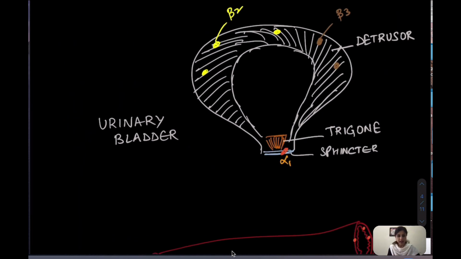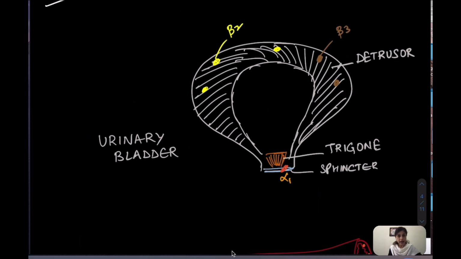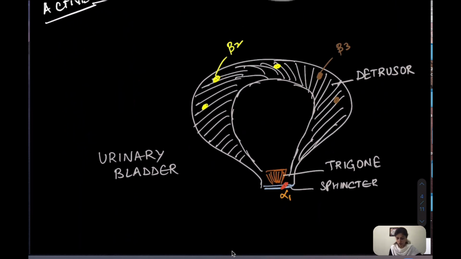Now coming to the second organ structure that they supply, which is the urinary bladder. We'll first concentrate only on the alpha receptors. They are present in the sphincters and in the trigone area, and when they are stimulated, they again cause contraction. Why are they causing contraction?